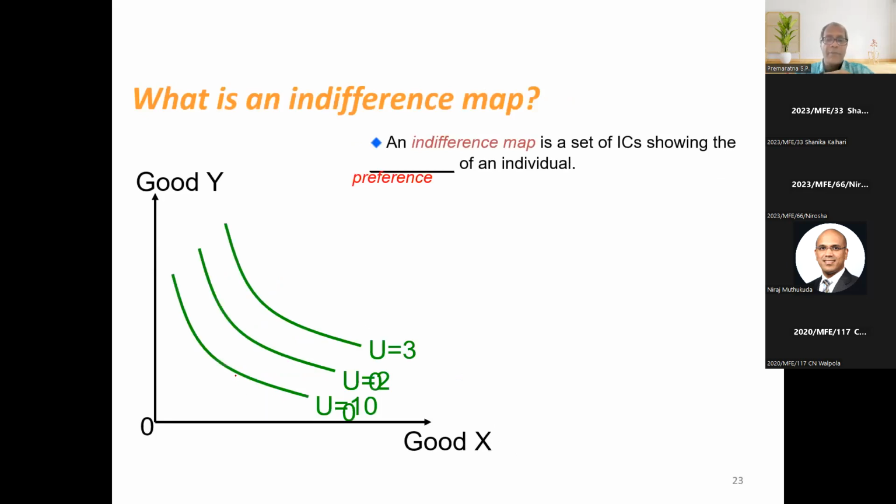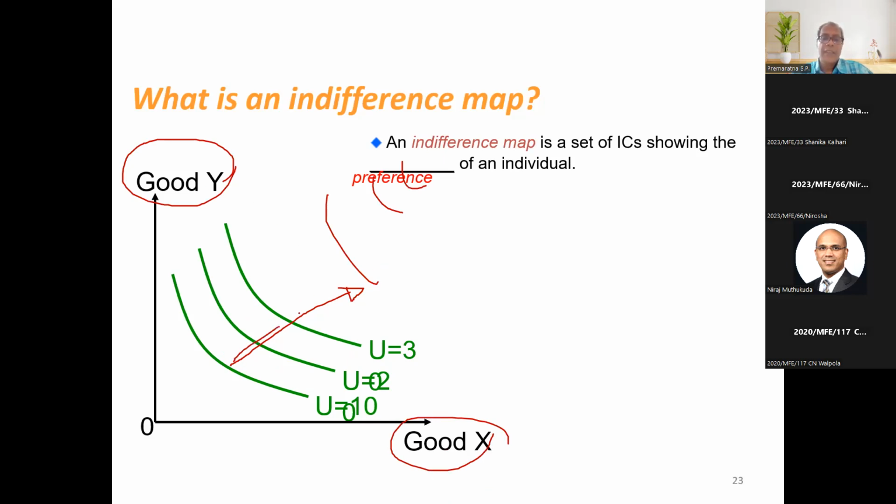Now, the indifference map. Moving away from the origin in this direction means higher satisfaction, higher preference. Each individual likes to go further in this direction. Both goods are imperfect substitutes. Taking these two axes, there can be an indifference curve through each and every basket.